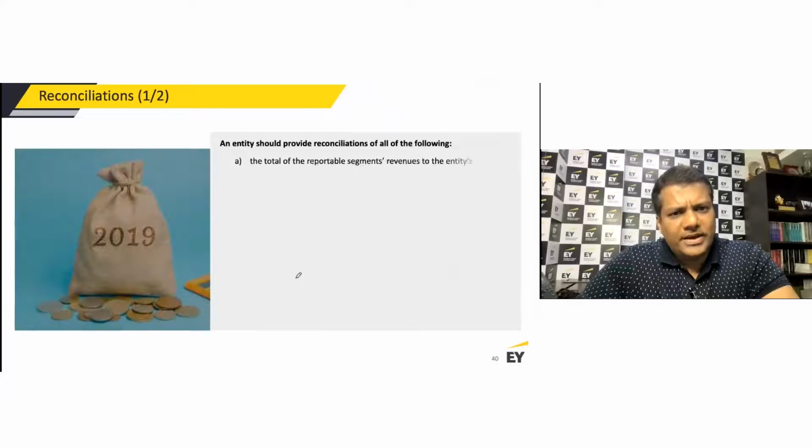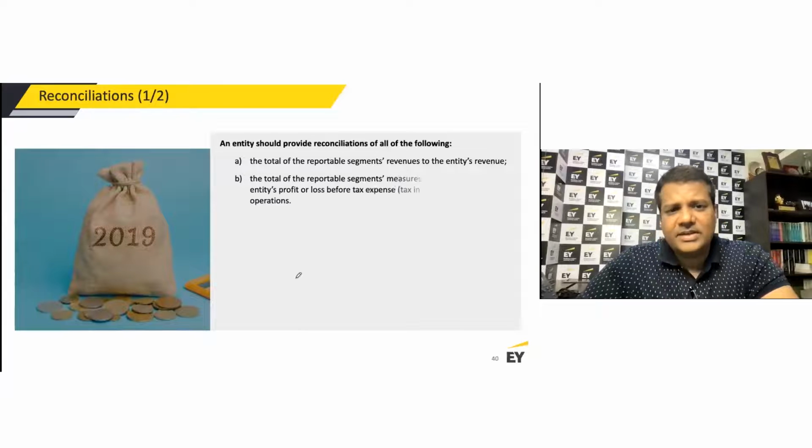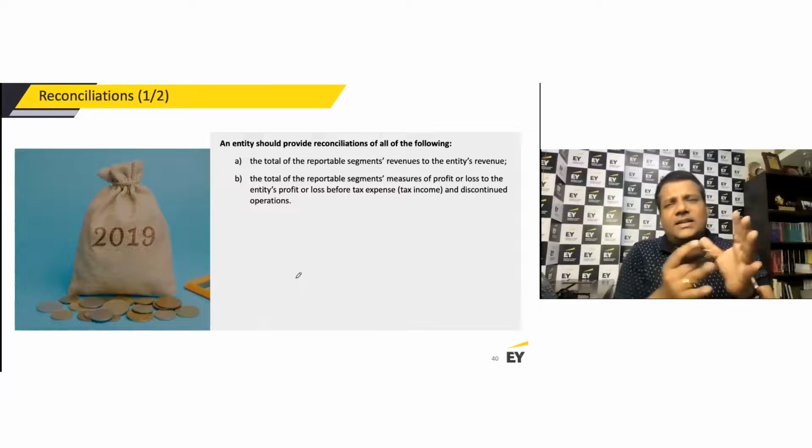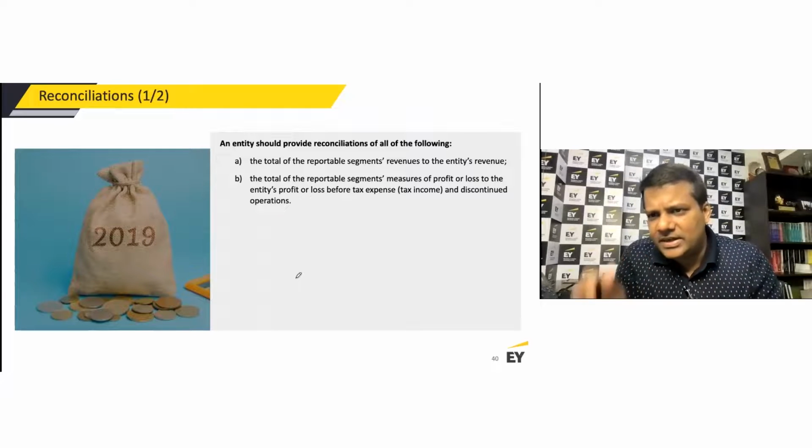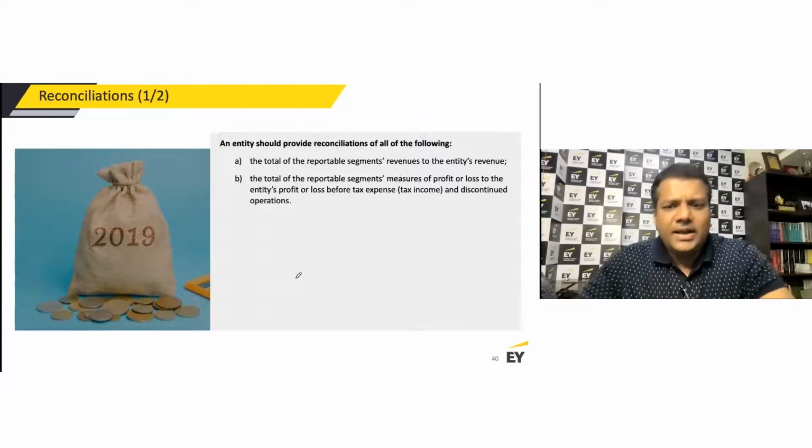So following reconciliation: total of the reportable segment revenues to the entity's revenue. So let's say you've done internal, external, and then in the reconciliation, you eliminate intercompany or inter-segment revenue, so to say, right?